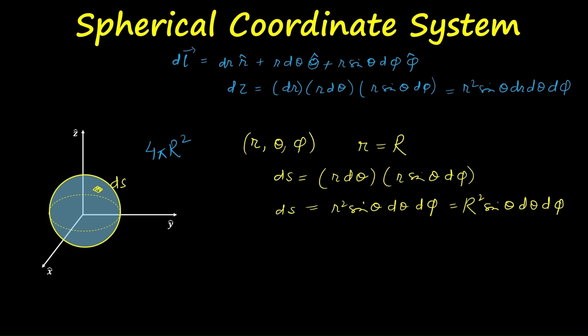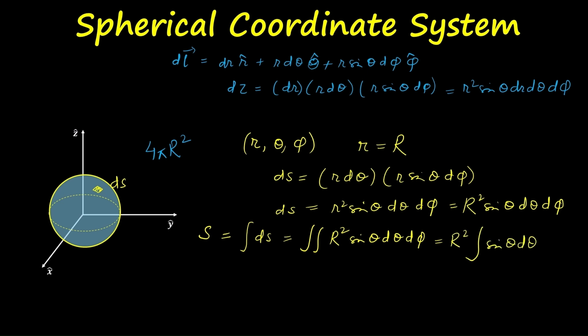Now the total surface area will be equal to the integration of ds. It is a double integral. So we can substitute this R square sine theta d theta d phi. Capital R square we can take outside since it is a constant. Then for sine theta d theta, the limit will be from 0 to pi, and for d phi, the limit will be from 0 to 2 pi.